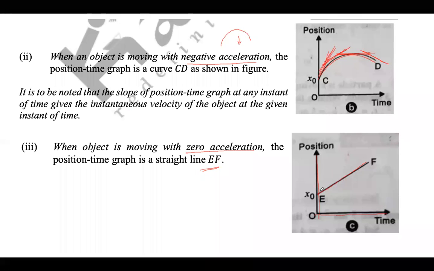In this case, you will see that the object is moving with uniform velocity, because zero acceleration means uniform velocity. So when an object is moving with zero acceleration, it is moving with uniform velocity, and in that case the position time graph will be a straight line. It will not be a curve.